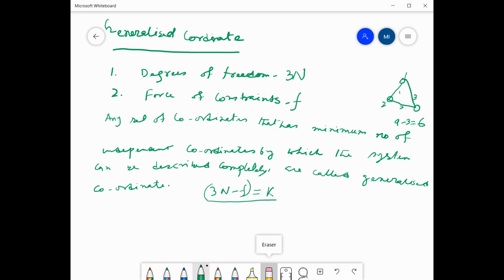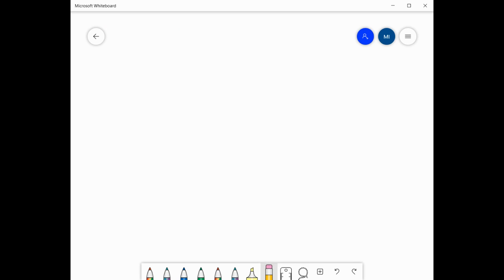First, I have to erase all the things. Now, examples of generalized coordinates. I am considering examples.